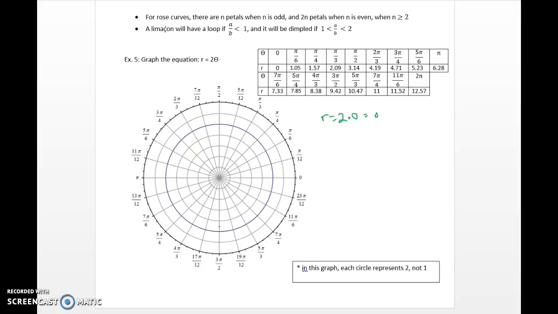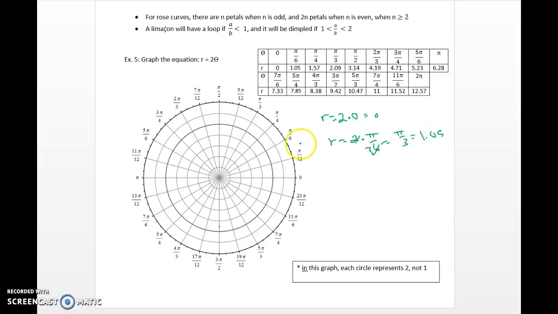And your thetas are in radians always for Archimedes spirals. So r equals 2 times pi over 6, which is pi over 3. We can reduce this, and then we can find the numerical decimal value, which is 1.05.